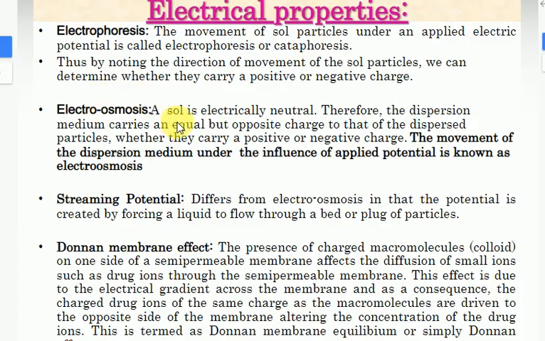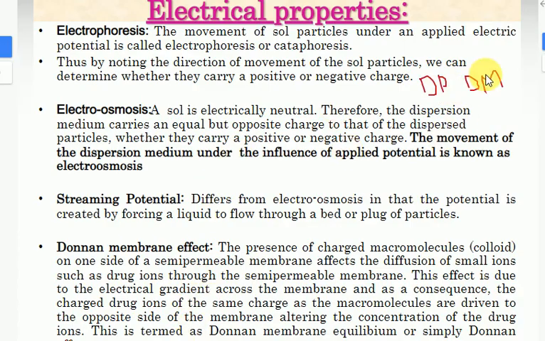Next one is electroosmosis. In electrophoresis, solid particles are moved. In electroosmosis, solvent particles move. The sol is electrically neutral. Therefore, the dispersion medium carries an equal but opposite charge. Remember here, this is very important, students. Some students will get doubt here.